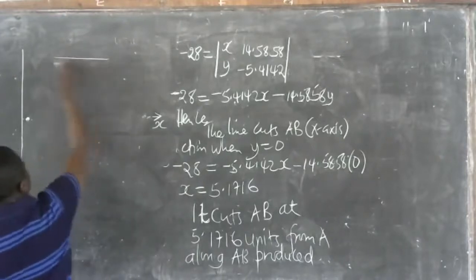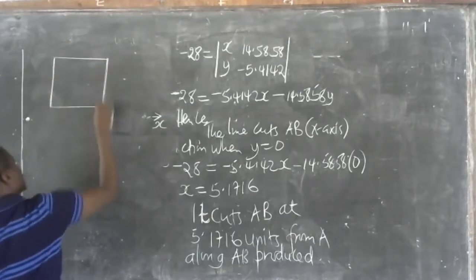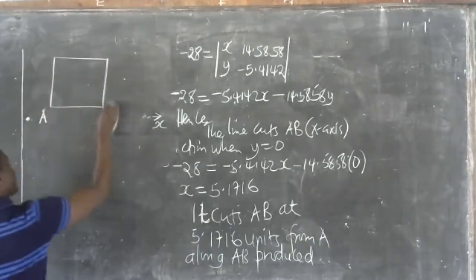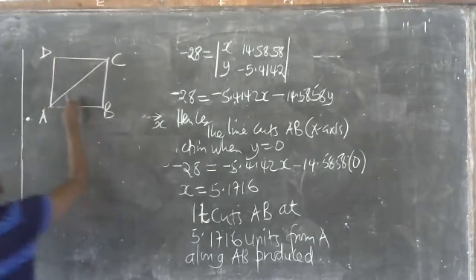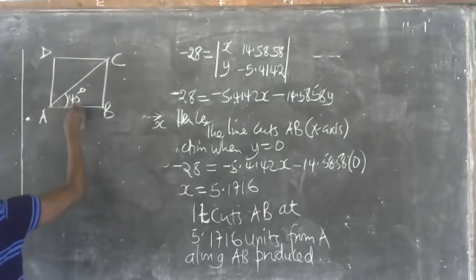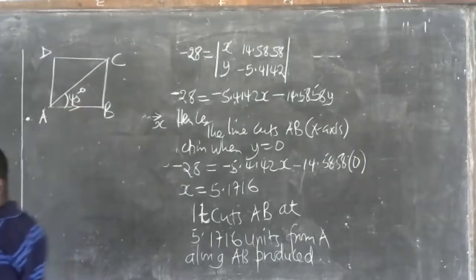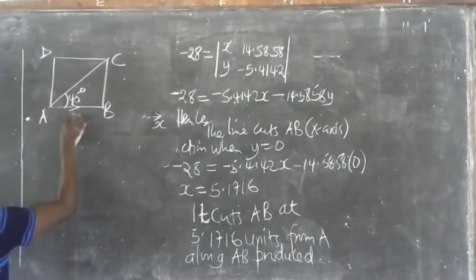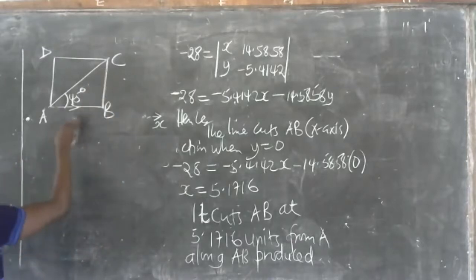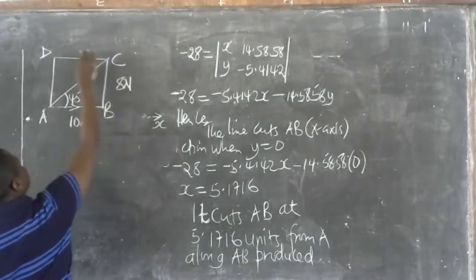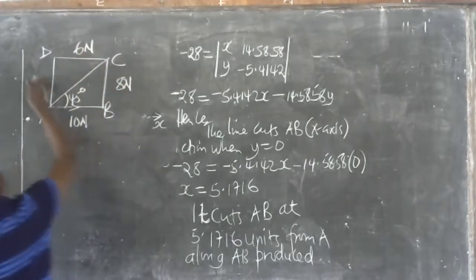Let me put back the diagram. This diagram was A, B, C, D, and we had 45 degrees here. We had 10, 8, 6, 4.